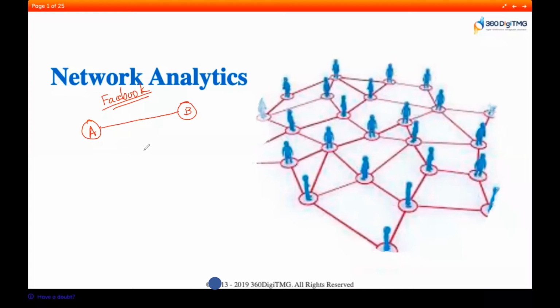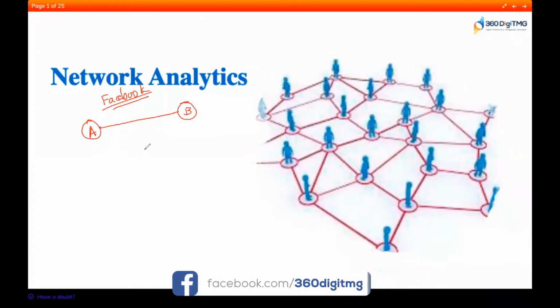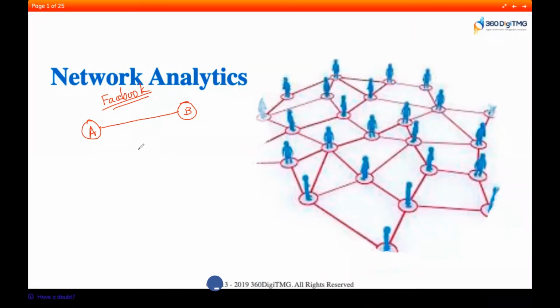When do you say there is an existence of a relationship between two people or two entities in Facebook? If anybody can answer, or if you want me to repeat the question, I can repeat it. Anybody?